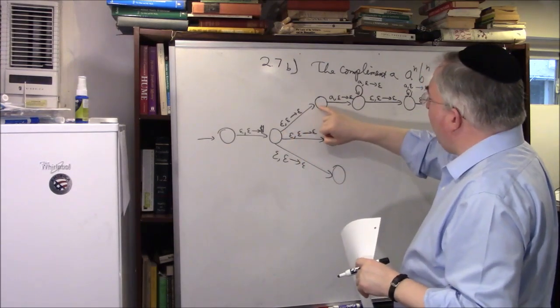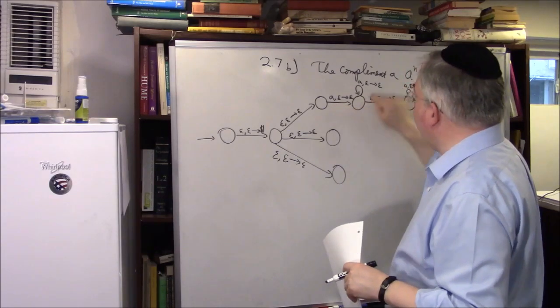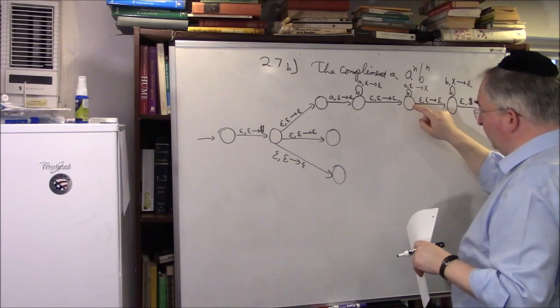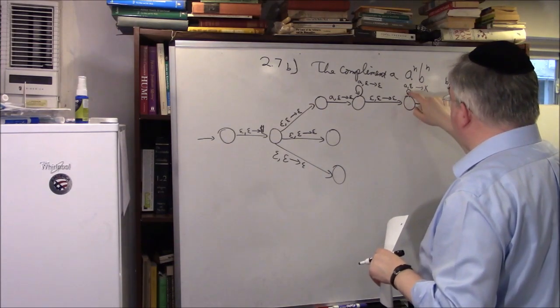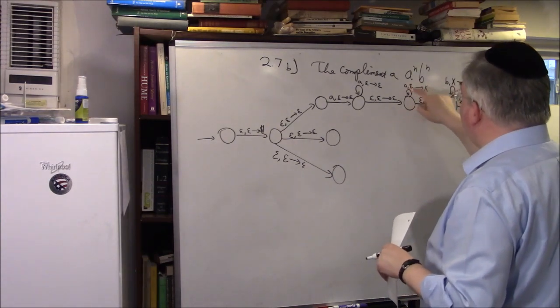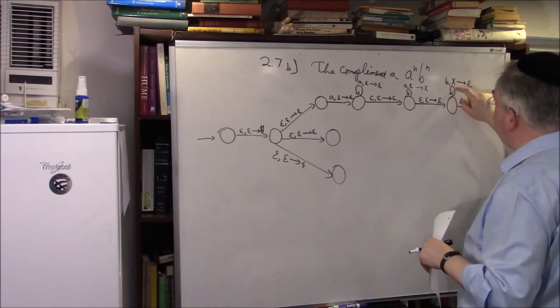Go here, have at least one A. Then we could have more than one A, then have an epsilon move, then we could have at least one X. Now then, every time I have an A, I push on an X. Every time I see a B and I have an X on top, I pop it.